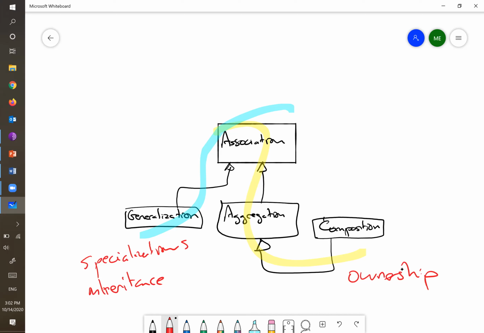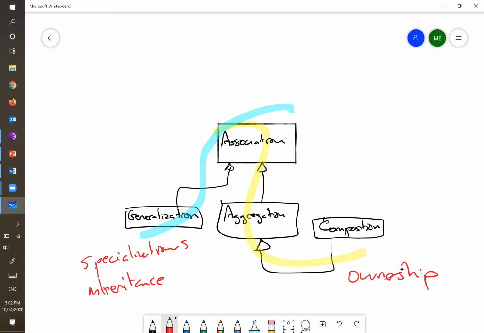Whereas with aggregation and composition, yes, we do have multiplicities, because a study pack can have 4 assignments, or 3 assignments. Also, when I'm reading diagrams that have aggregation or composition, I'm not saying the assignment is a type of a study pack, or the faculty is a type of a department.